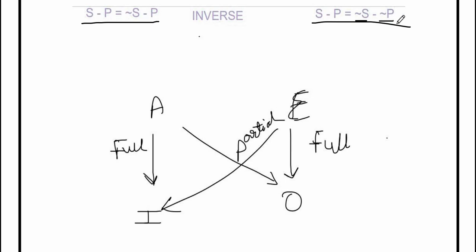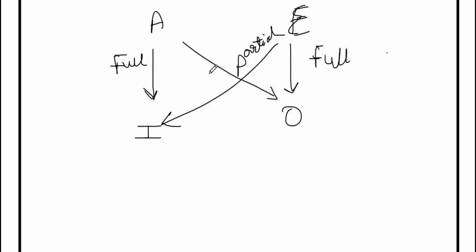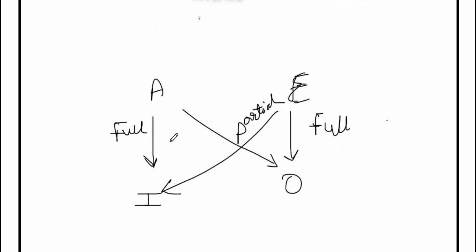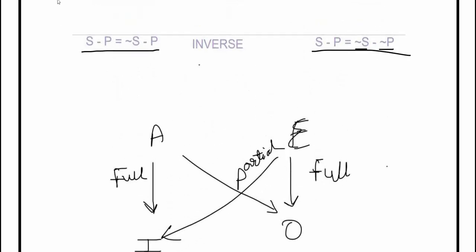Subject and predicate both are complemented. So let's start with a simple example with the A proposition type. A states all S are P, correct?